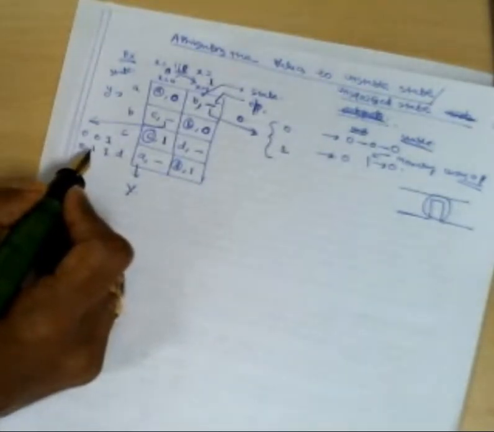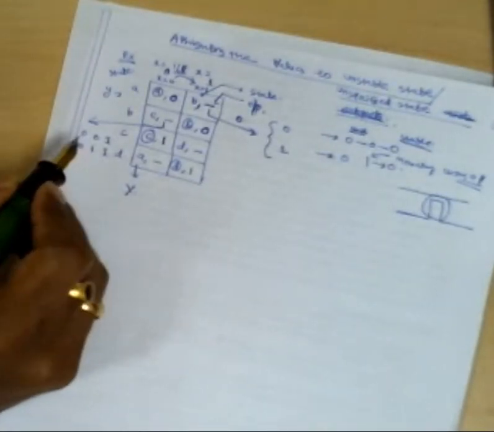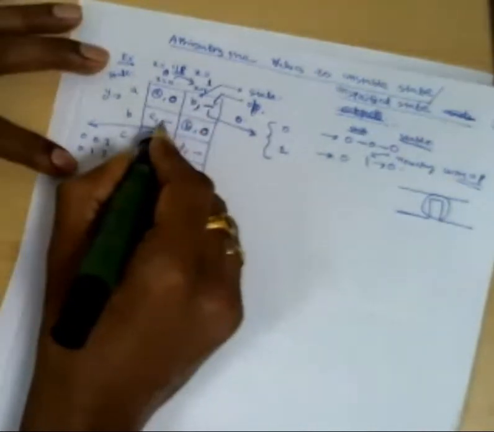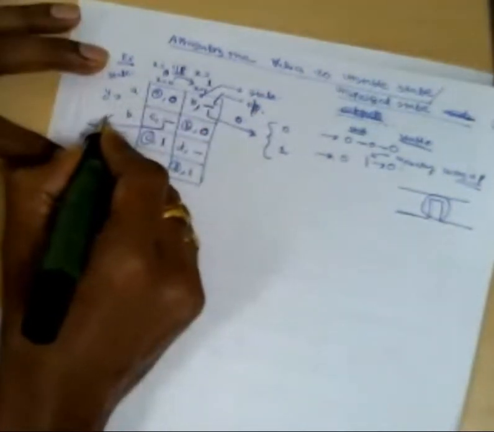There is no hazard or any race because 0 is also valid, 1 is also valid. Therefore, this dash can be replaced by anything, x. It can be assigned by 0 or 1. You understand now why anything can be assigned?